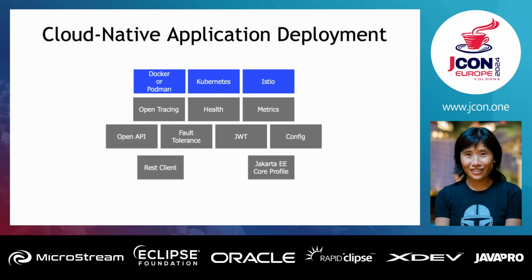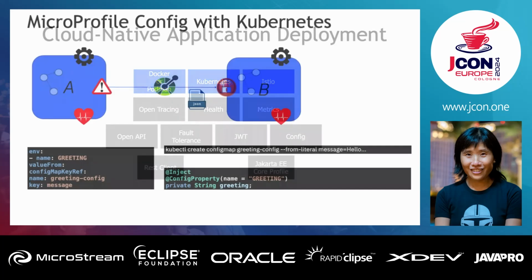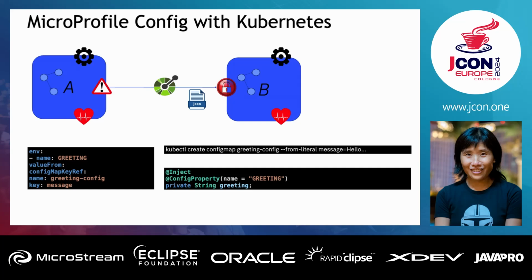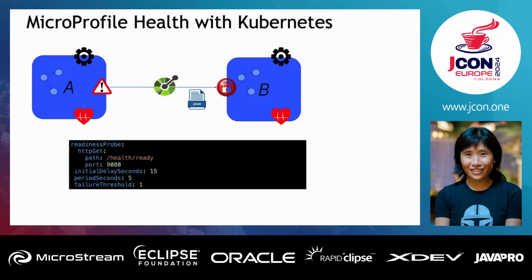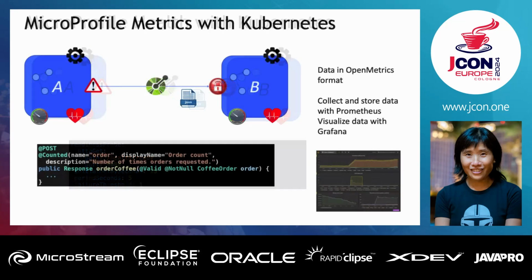So that's all about MicroProfile, basically the development. Next, you need to Dockerize it. For config, as I said earlier, you can use a config map and directly map it to environment variables and then inject. For MicroProfile Health, this is an endpoint you can put in the Kubernetes deployment YAML file.